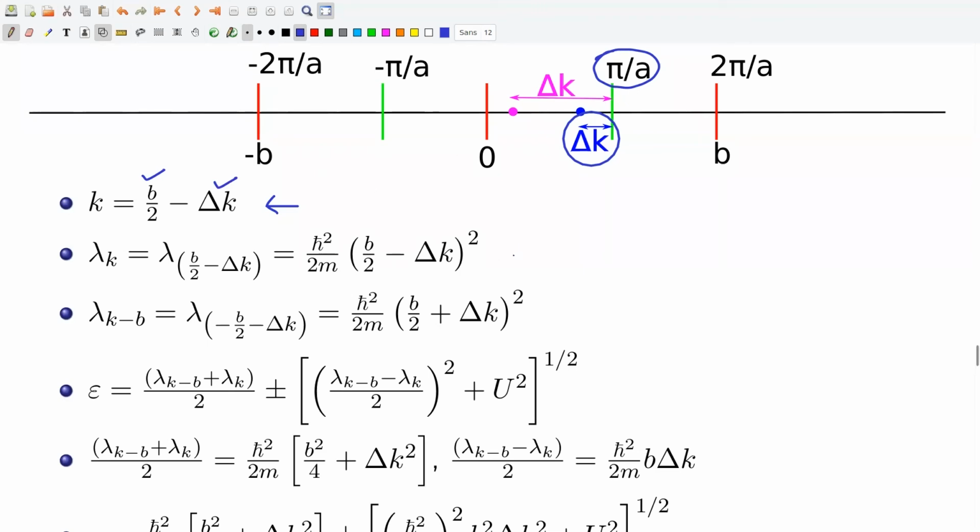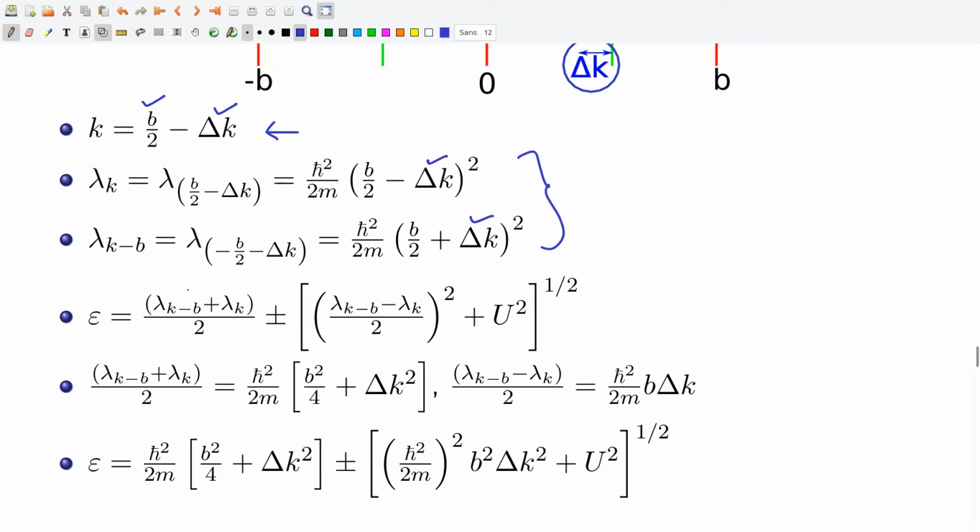Then we rewrite the lambdas in terms of delta k. Then we substitute in this equation the values of lambda, and if we do that, then we can rewrite the energy eigenvalues in terms of delta k.